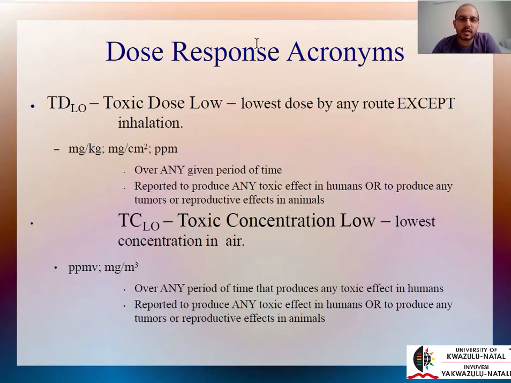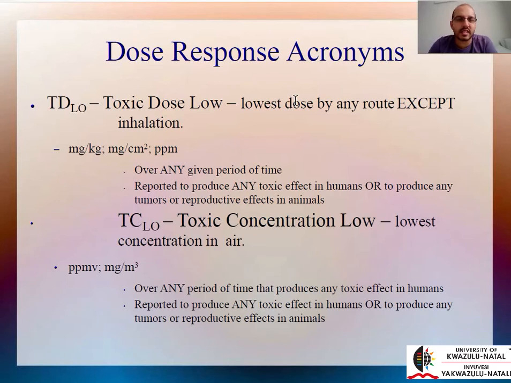Okay, so looking at some acronyms, TDLO refers to toxic dose low. This is the lowest dose by any route except inhalation. Okay, so when we're talking about toxicity and the way toxicity is measured, remember it depends on the route of exposure.